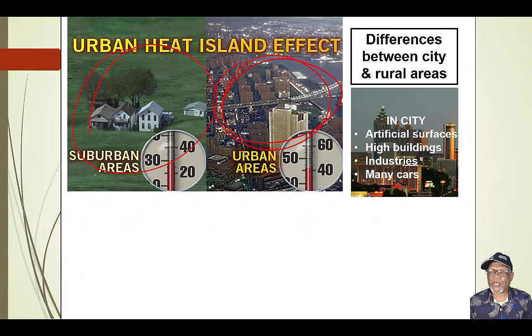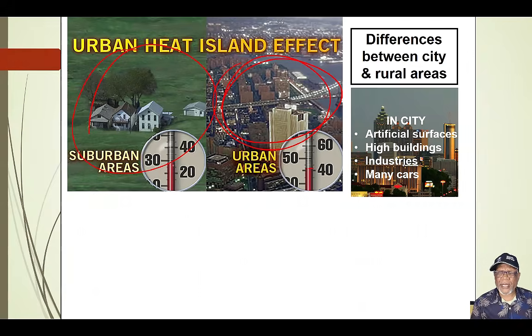Now the question is, why is the urban area warmer? You can see the temperatures here are going around 60 degrees. And then here the max will be going up to about 42, but here it is about 28 or plus.